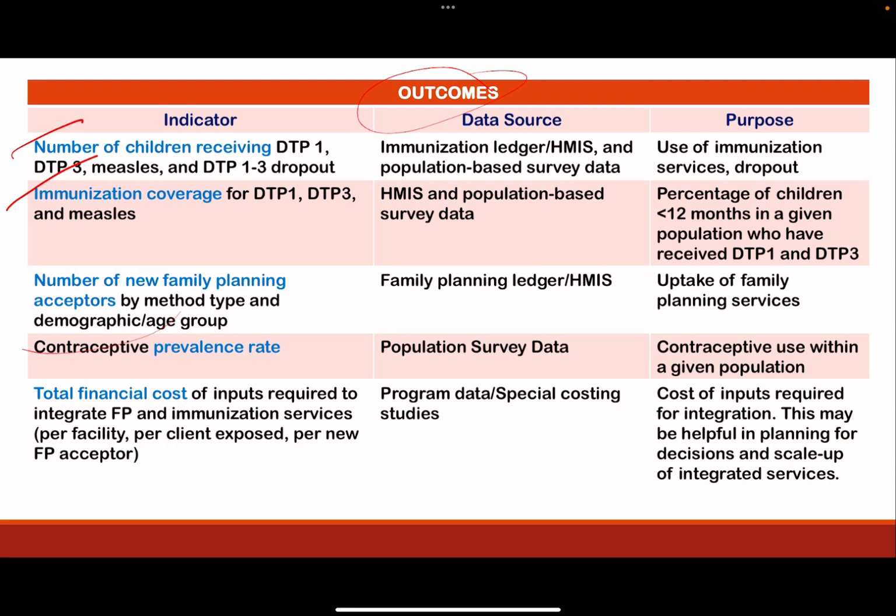When we say prevalence rate, old cases plus new cases, di ba? Total financial cost of input required to integrate FP or family planning and immunization services. So, isa-isa din po. Meron siyang purpose.